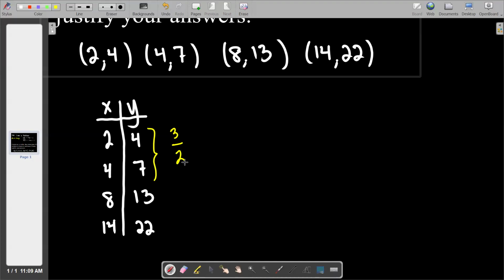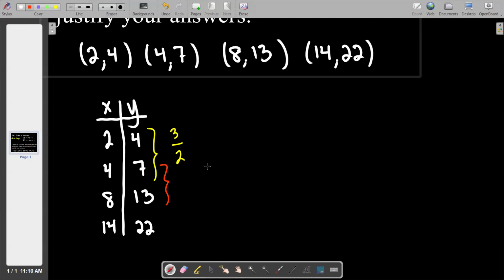That doesn't mean anything. It won't mean anything until we have found more, because what we want to look for is now between every pair of points, does the rate of change stay the same? So I'm going to switch colors now, and I'm going to bracket these 2 right here. And we're going to do the same thing, rinse and repeat, delta y over delta x. What is delta y for this pair? 7 has to go up by 6 to become 13.